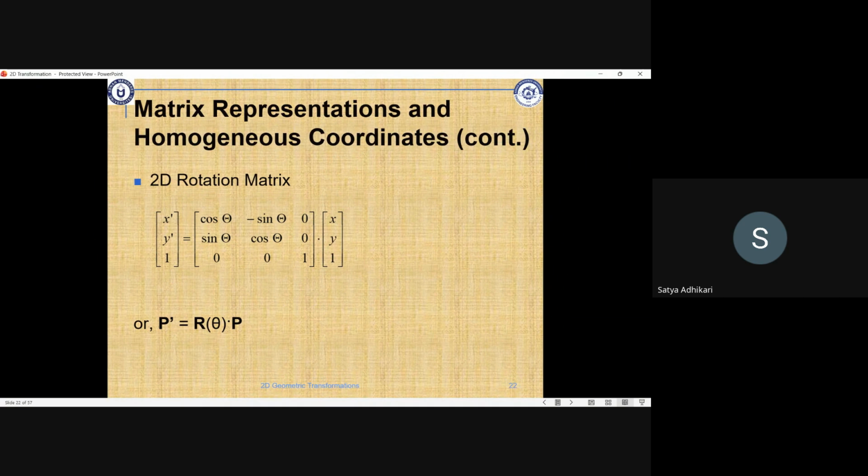You see the same components are there, cos theta is there, minus sin theta is there, sin theta is there, cos theta is there, but we have added an extra row and extra column, the third row and third column. Similarly, to match it, we have to add x dash, y dash and 1. H is 1 here.